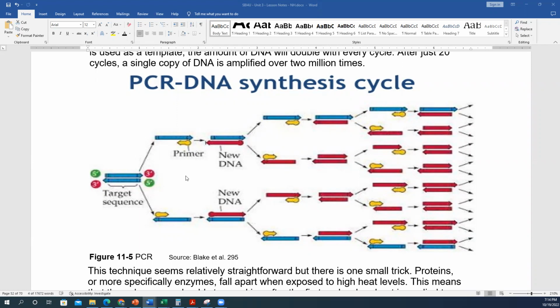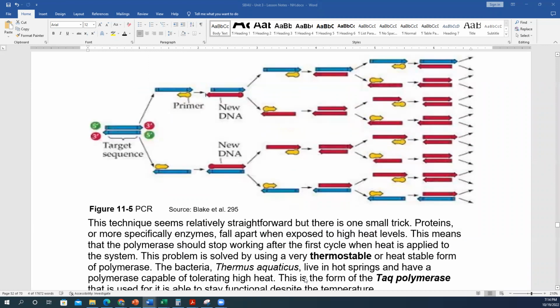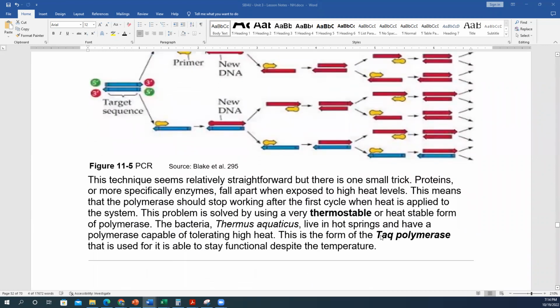So Taq polymerase is very important in PCR, and it's used for its ability to stay functional despite getting exposed to these high temperatures that melt and separate double-stranded DNA into single-stranded DNA. So the type of polymerase that is used for PCR is this thermostable Taq polymerase, Taq from Thermus aquaticus.